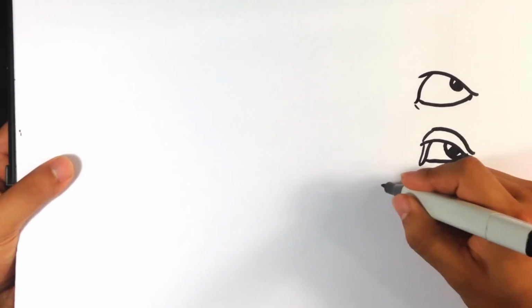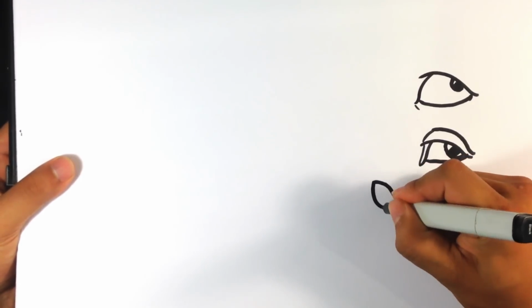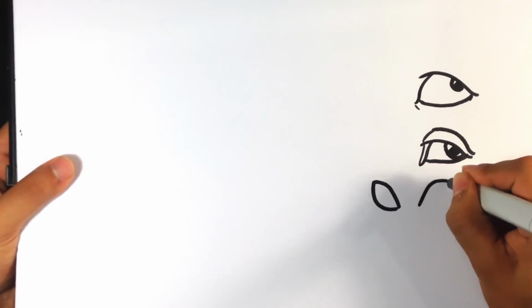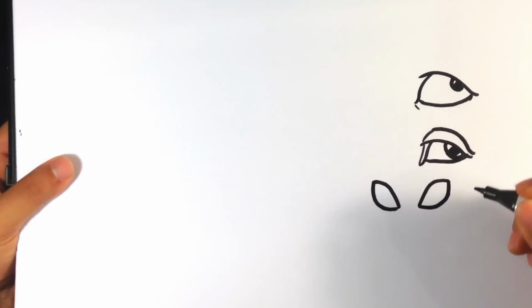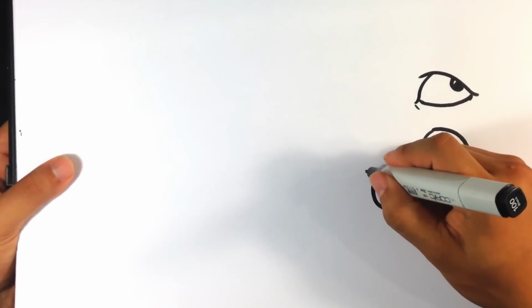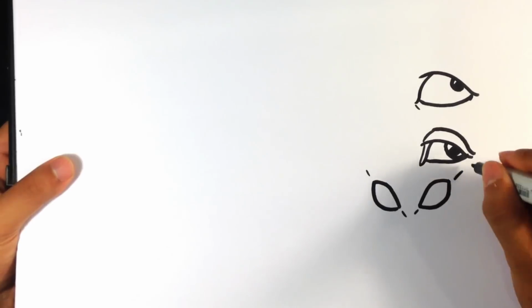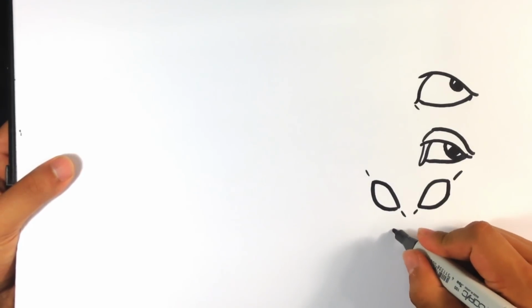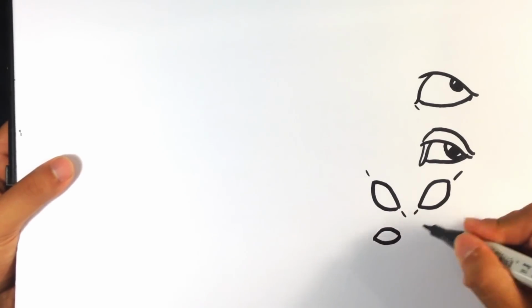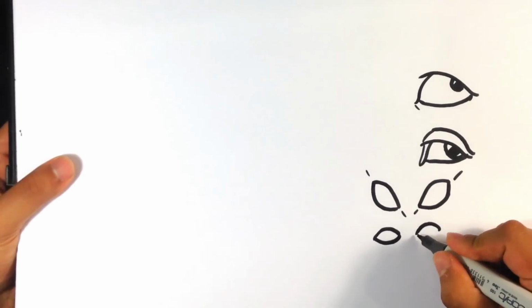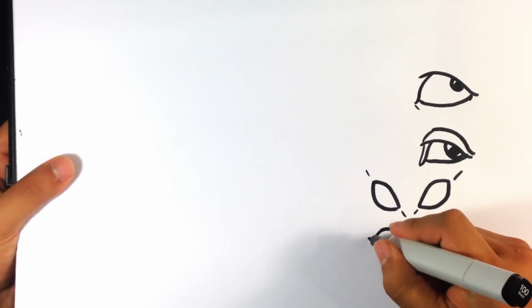If they have a slanted eye type, let's say you've got both eyes, see how there's a point right here and right here? That would be different than right here and right here.